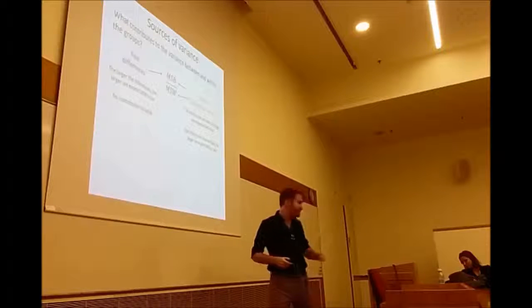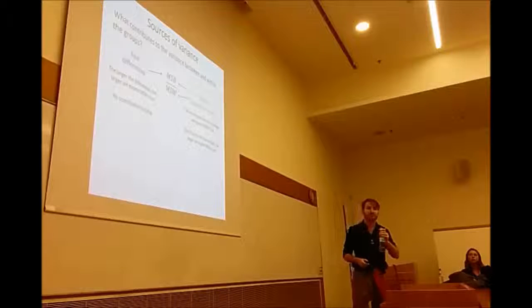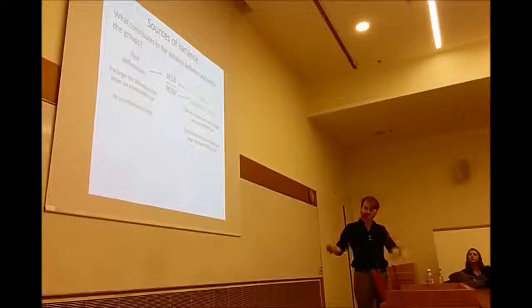Yes? The more noise we have, the larger MSW will be. But the more noise we have, I understand that it can make MSB larger, but it will not necessarily. Not necessarily, but just by chance we would say it could be. Exactly. Okay. So I want to transform this formula from MSB divided by MSW to this.